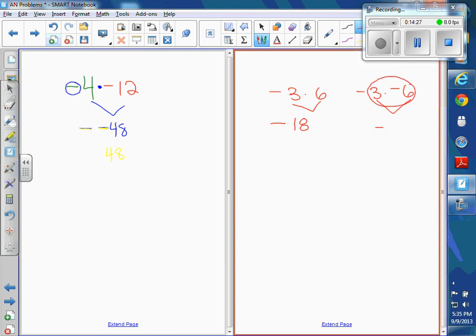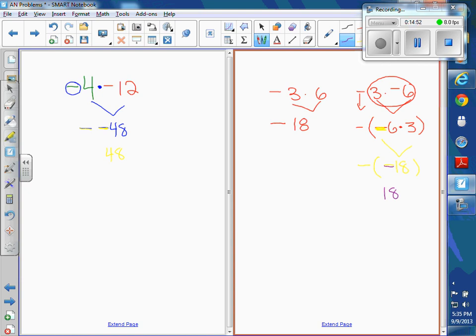So I do a negative 6 times 3. That's the first part, and I still have this negative in front. So we work in the parentheses first. This is the opposite of 6 times 3, which is the opposite of 18. And now I have the opposite of negative 18, which is positive 18.